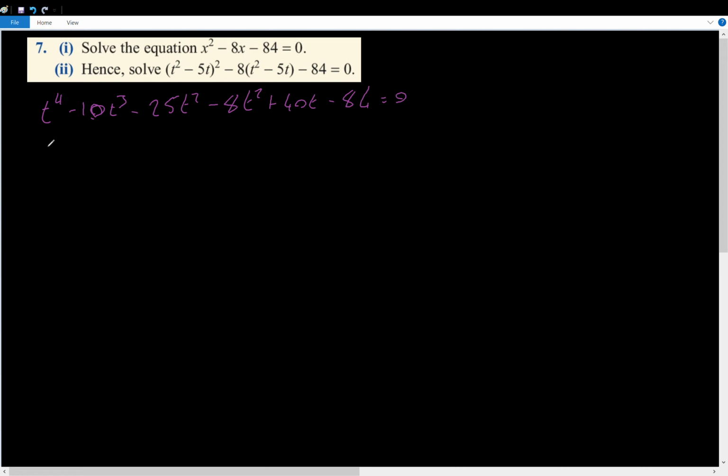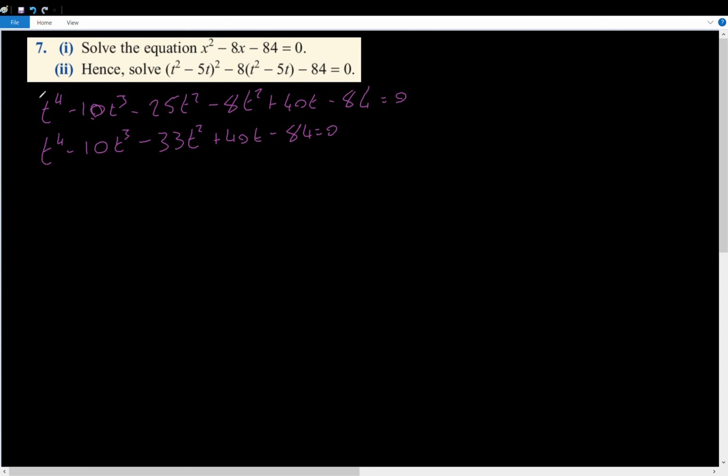That's equal to 0. And if we tidy that up a bit, we get t to the 4 minus 10t cubed minus 33t squared plus 40t minus 84 is equal to 0. And this is not something that has an easy method for factorization.